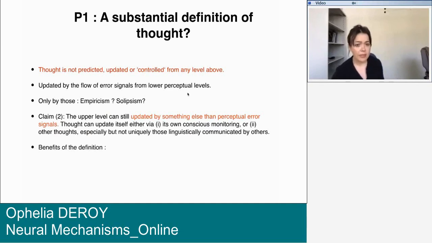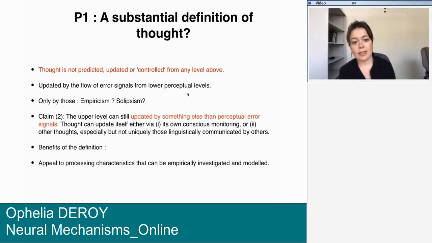Now, the benefits of this way of thinking about the definition of thought, a way of distinguishing thought from other types of processing, I think, is that it is relatively elegant in its need to only appeal to processing characteristics. The broader picture I have in mind here is the possibility to isolate what makes the highest level of cognition distinctive, uniquely in terms of ways of being updated.